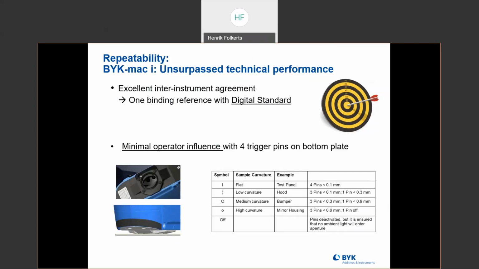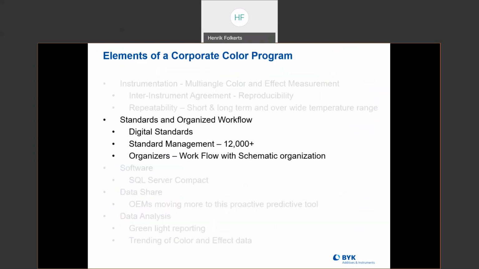And if you have that, then you know that you can go to one binding digital standard. And that's going to be really key to having not only your system run well, but also your suppliers and other people that you want to interface with in your wider network of your color control program.